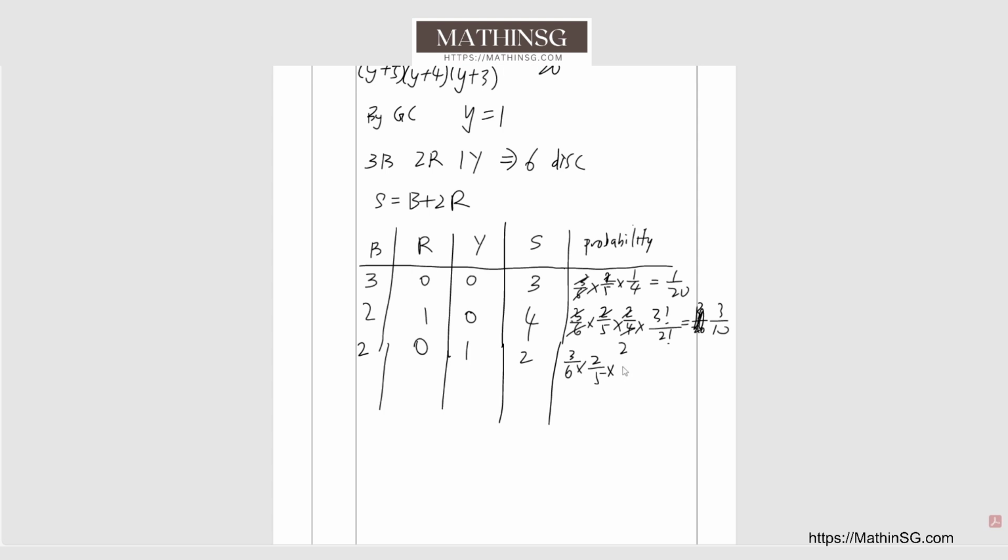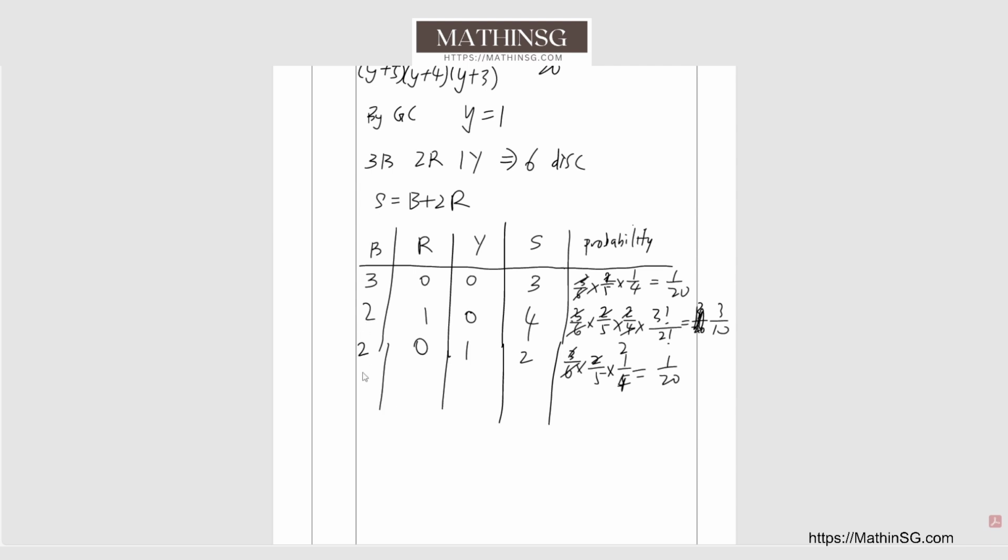Then times 1 over 4, because there's only 1 yellow. This gives us a probability of 1 over 20. Now I have no more options with having 2 blues.